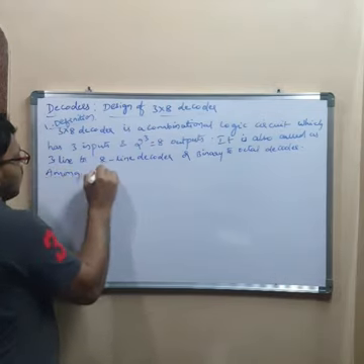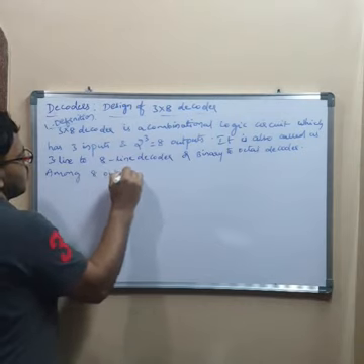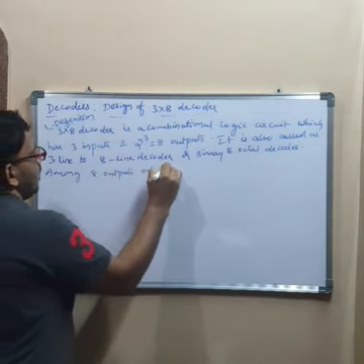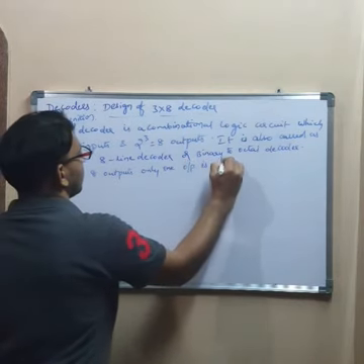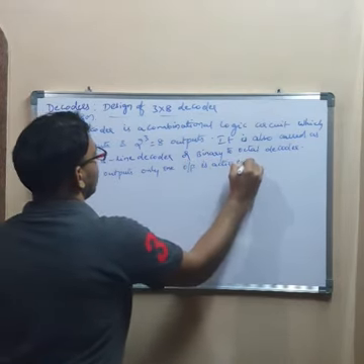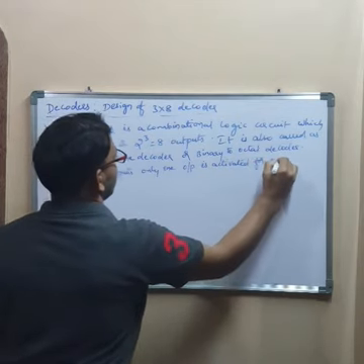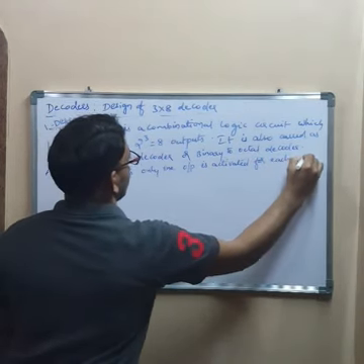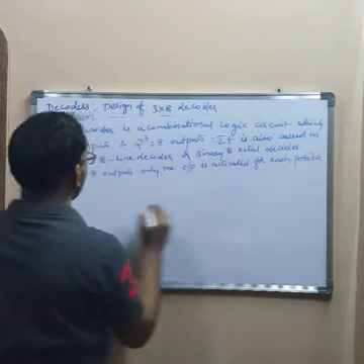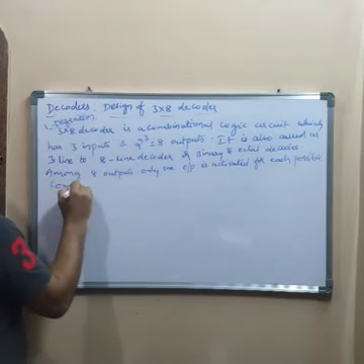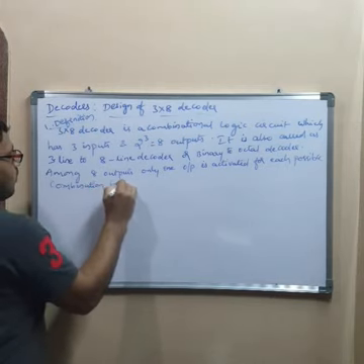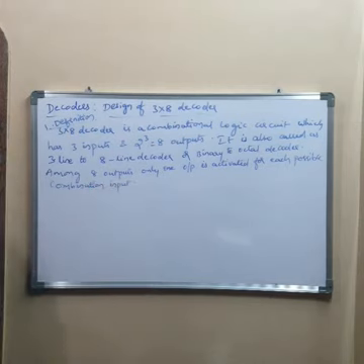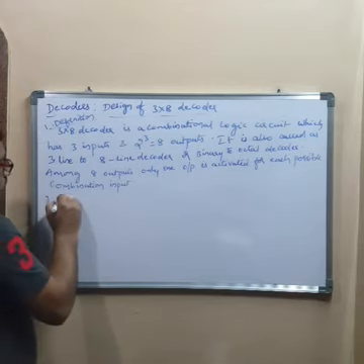Among the 8 outputs, only one output is activated for each possible combination of input, right? So let us see the block diagram.